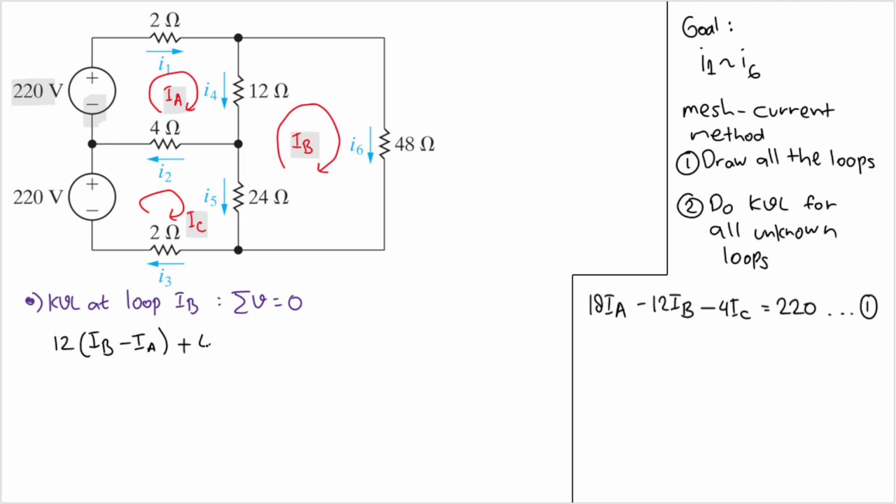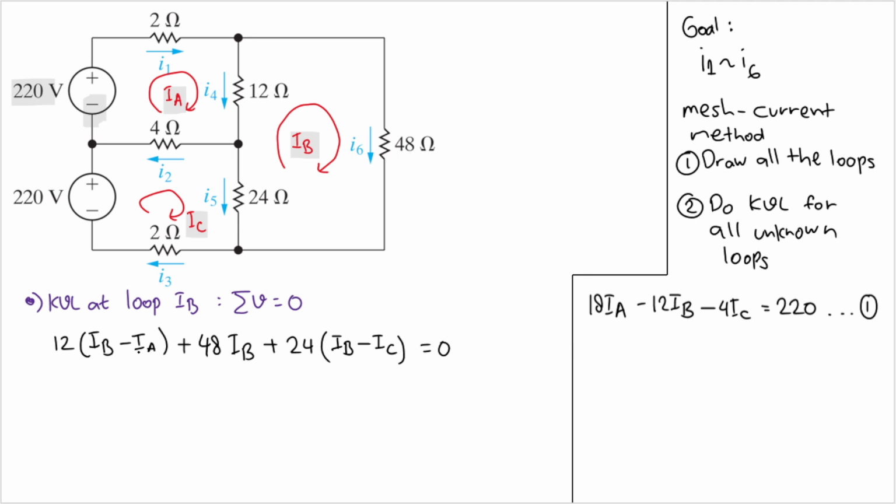So I'll have 48, and the only loop current that passes through it is IB. And then we will have 24 there. Again, because we are working on IB, IB comes first. And here IC is flowing in the opposite direction, so minus IC. All of that will equal 0.